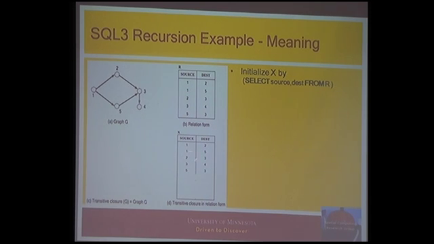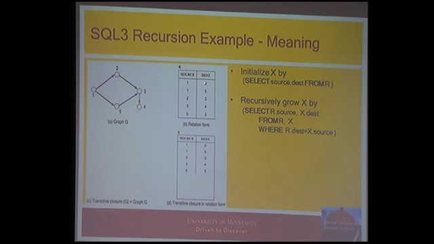Now I have a little bit of X and a little bit of R, and then the recursive clause will come. The recursive clause is basically saying that if I find a situation, like notice this, there is an edge in R which is 1 to 2, and there is 2 to 3 here.